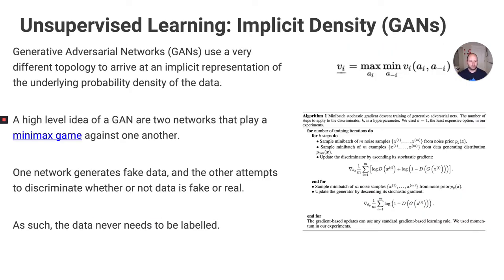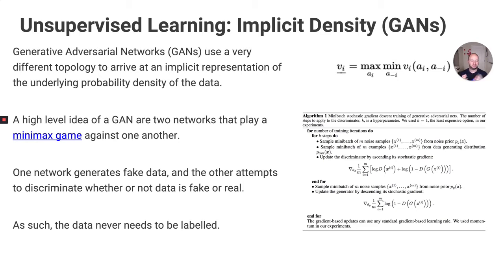Now, one of the more exciting aspects of generative modeling and unsupervised learning is generative adversarial networks. These use a very different approach, where instead of trying to directly derive this probability distribution function, we're doing so in an implicit way. The way this works is using a game that two neural networks play with each other.